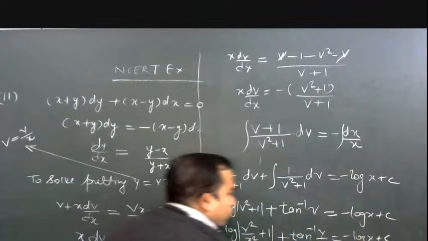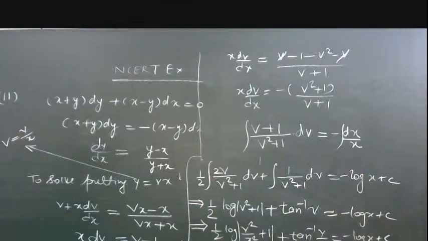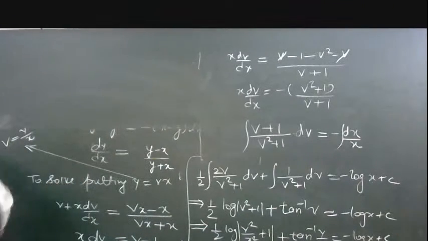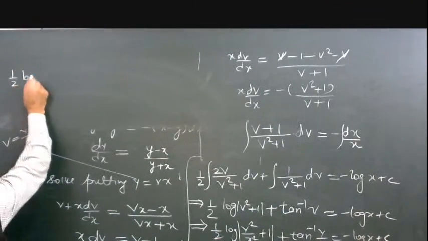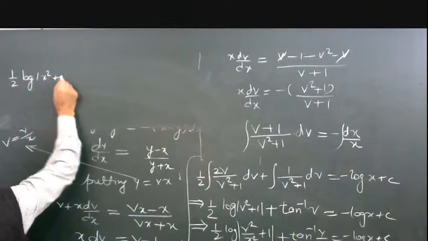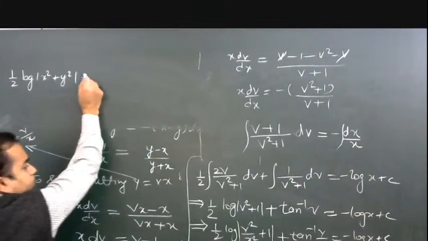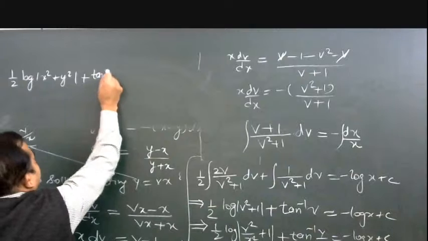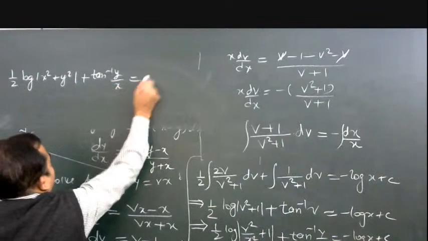Minus half log x square and minus log x are the same thing, and here I get my final answer. My final answer is half log x square plus y square plus tan inverse y upon x equal to c.